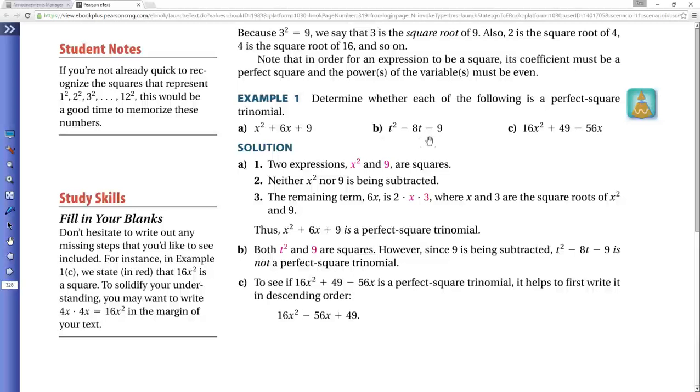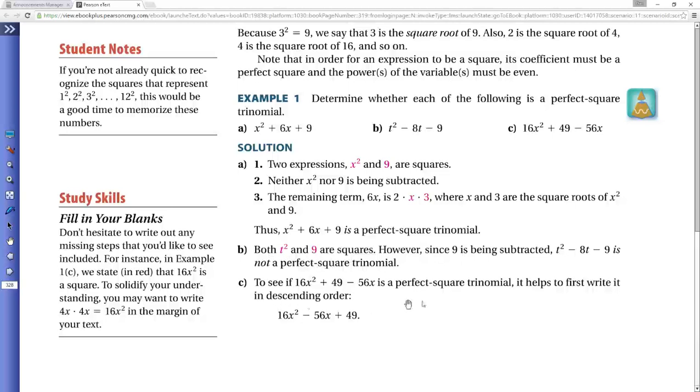The terms are always taken as parts of an addition. That's actually the definition of a term. So the first condition didn't work because in B, negative 9 is not a perfect square.